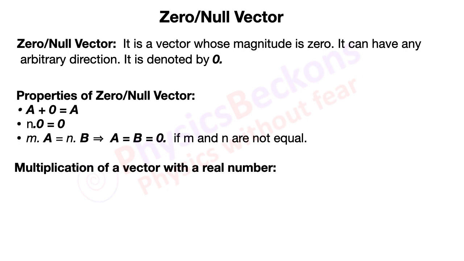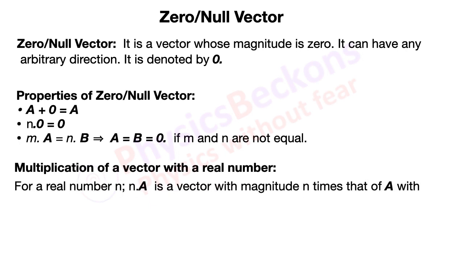Multiplication of a vector with a real number. Now, there are two possibilities. The real number may be positive or it may be negative. For a real number n, n into a vector is a vector with magnitude n times that of a, and the direction same as that of a if n is positive.